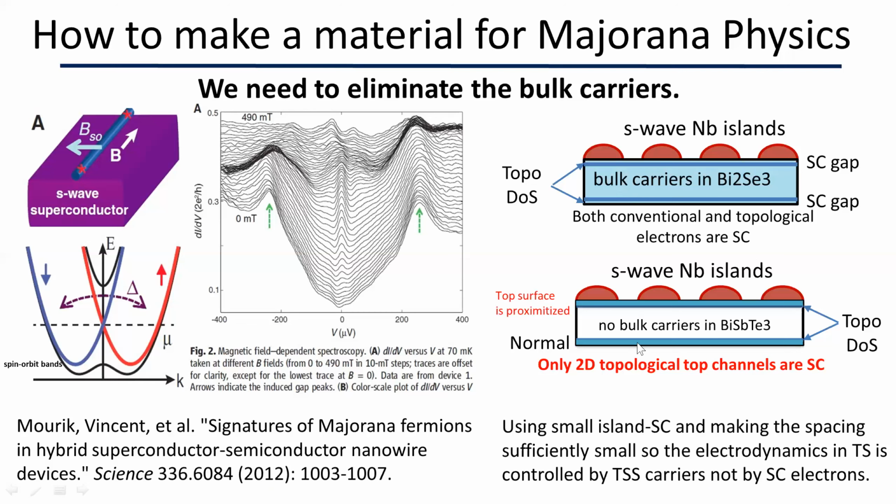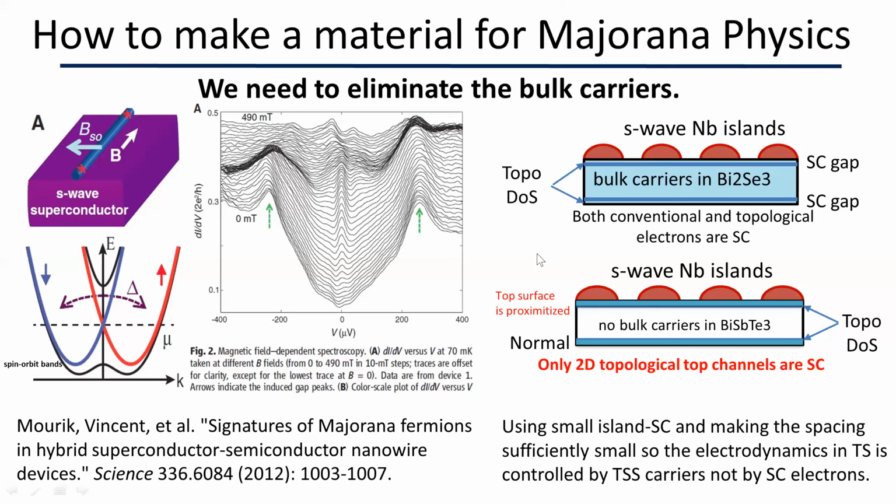In the next slide, I will show you we are able to tune the carrier density at the Fermi level of bismuth antimony telluride by tuning the composition of bismuth and antimony. Without bulk carriers, only the top surface is proximitized, so only the 2D channel is superconducting.